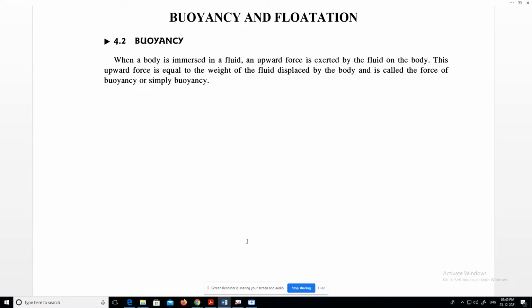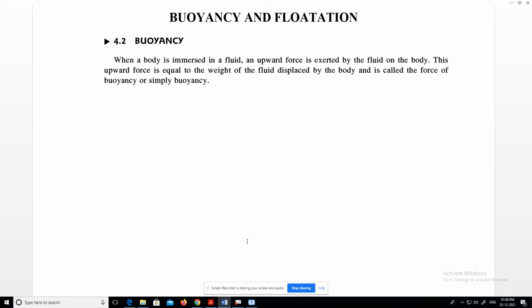And also we had seen sample problems in piezometers and differential manometers. Also we have solved some of the problems, and today's session we are going to discuss buoyancy and flotation, right?